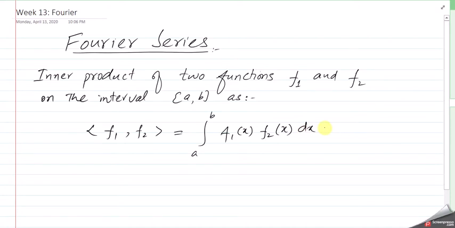So that's the definition of inner product of f1 and f2. So this is the way to write the inner product. This is the symbol for writing inner product.